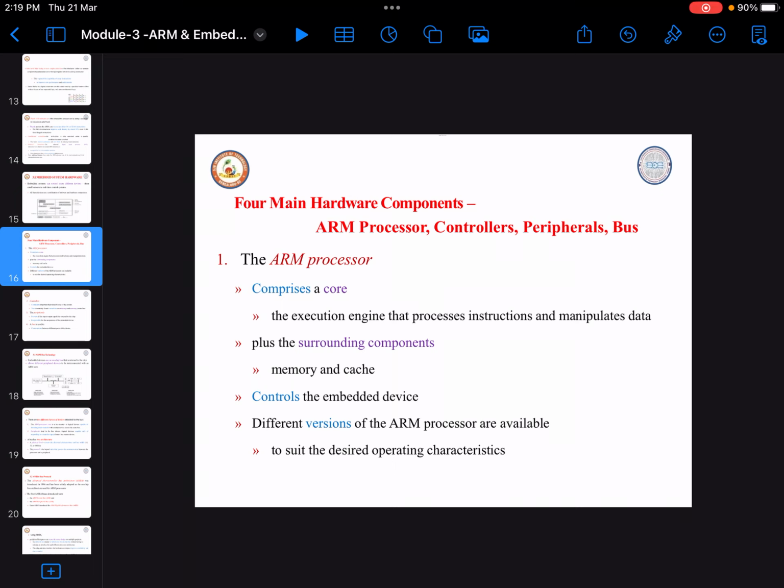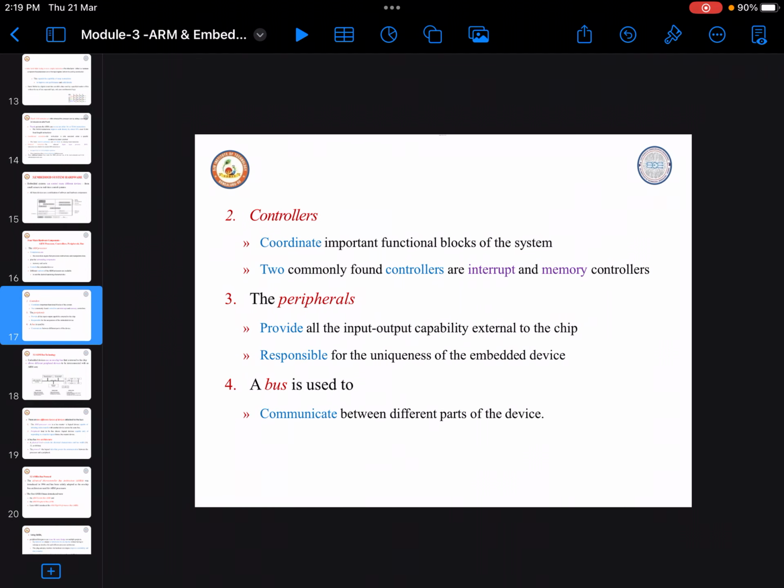There are different versions of ARM processors available. The one which suits the desired application has to be chosen. Then coming to the controller, its purpose is to coordinate the important functional blocks of the system. Commonly found controllers are the interrupt controller and memory controllers. Along with that, you have peripherals.